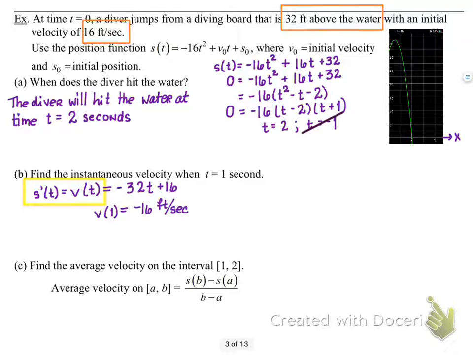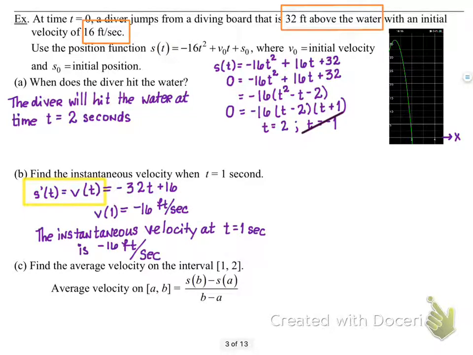And units are important. Most of you have learned that because most of you have taken physics or science classes of some sort. So you also want to write that out as the instantaneous velocity at t equals 1 second is negative 16 feet per second.